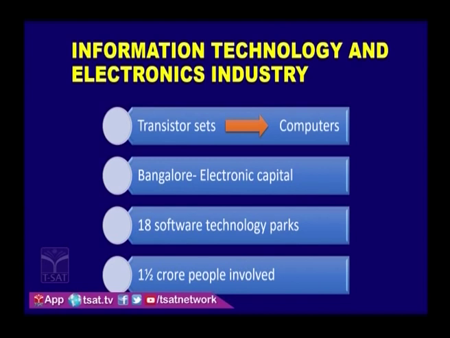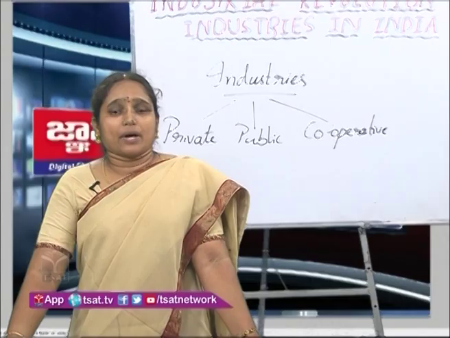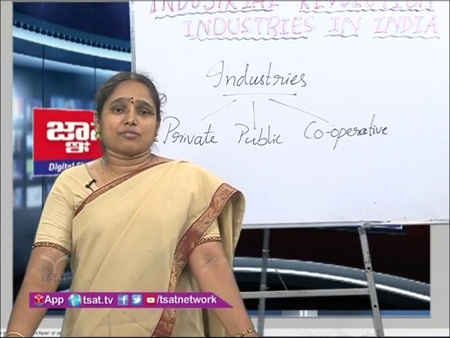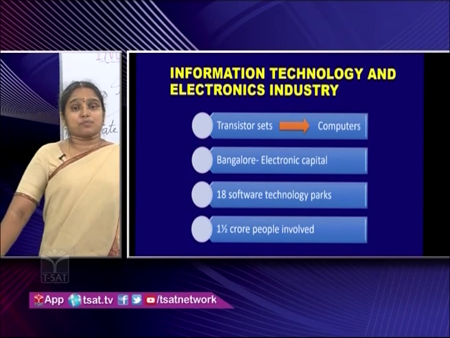So from transistor sets to telephones, pagers, televisions, computers, and present day mobiles and laptops, all these things are manufactured and served. Bangalore has become the electronic capital of our country, and there are around 18 software technology parks where we get single window services and high speed data facilities.